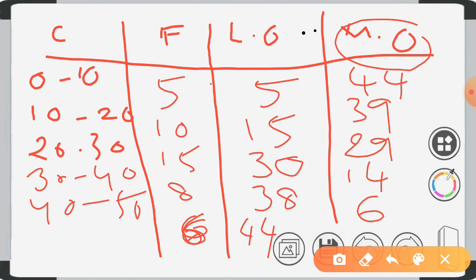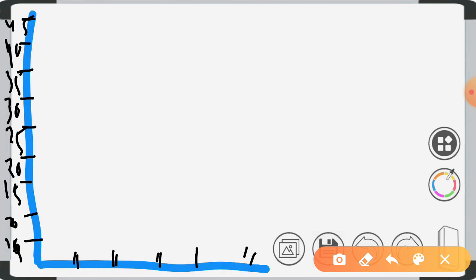Okay, do you understand? So the first one, 0 to 10, it's 5, 10 to 20 it's 15, 20 to 30 it's 30, 30 to 40 it's 38, and 40 to 50 it's 44.